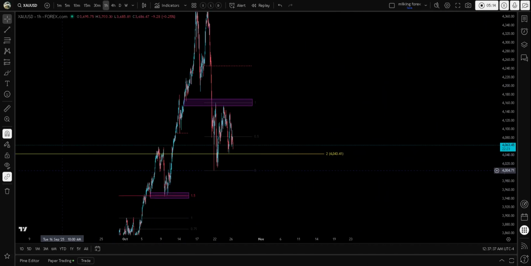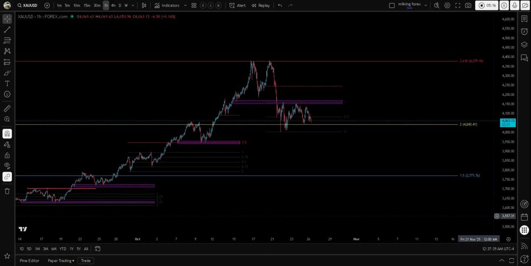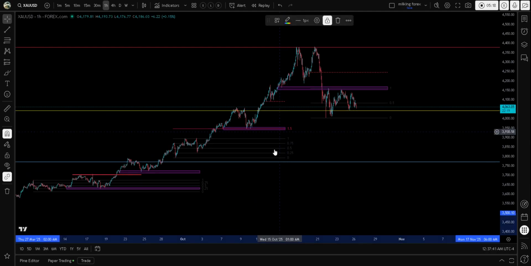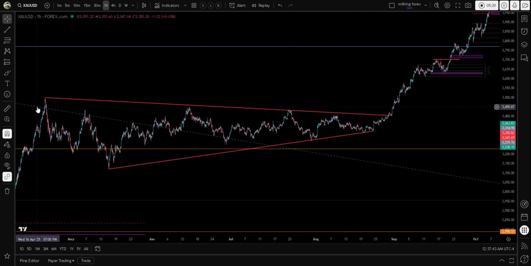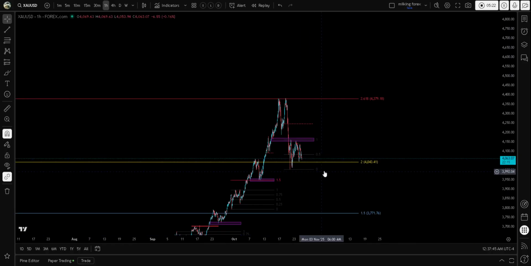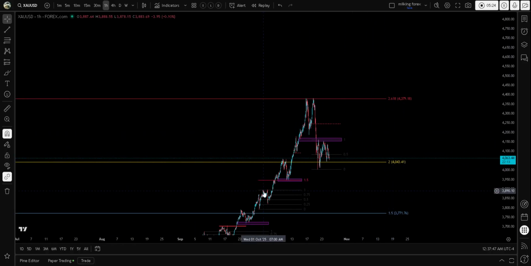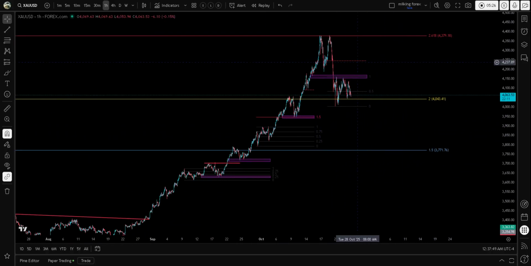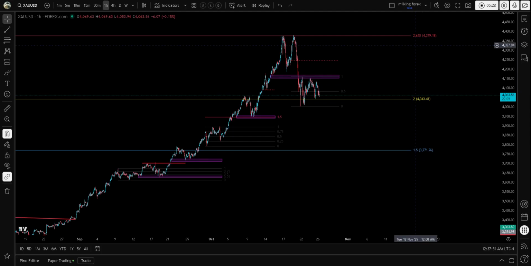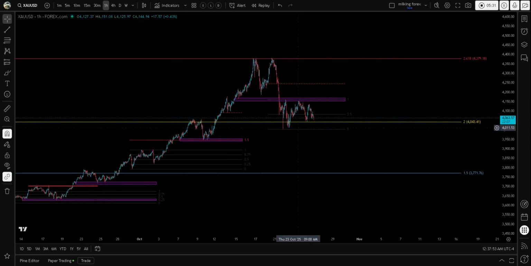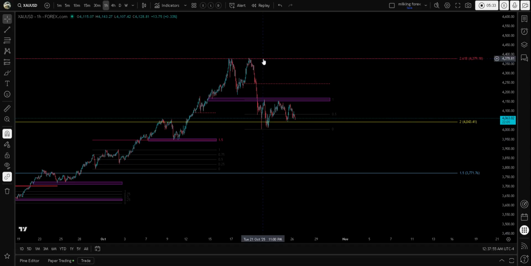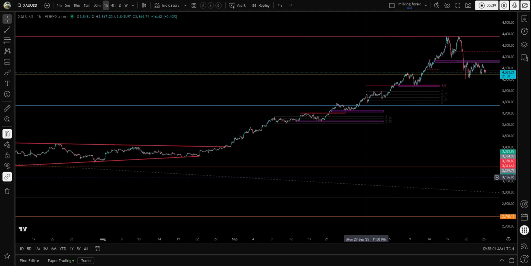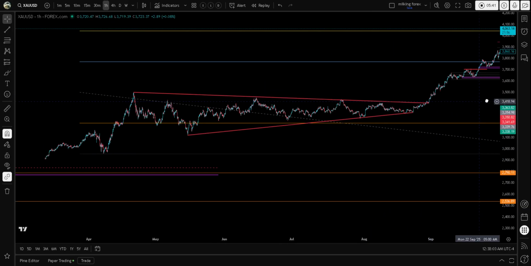It's similarly the 2 fib extension of this bigger fib, from this range to this range. After that, the price went back up to 2.618, and you see how beautifully it reacted from this point, exact to the pip.